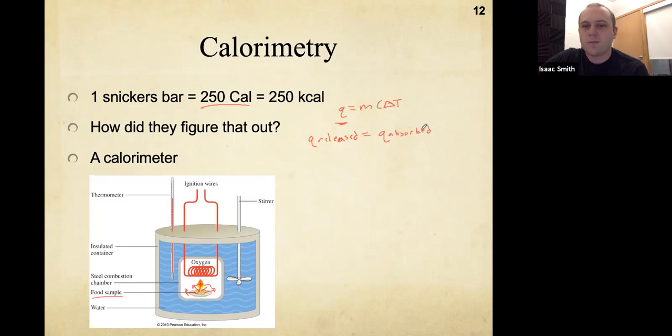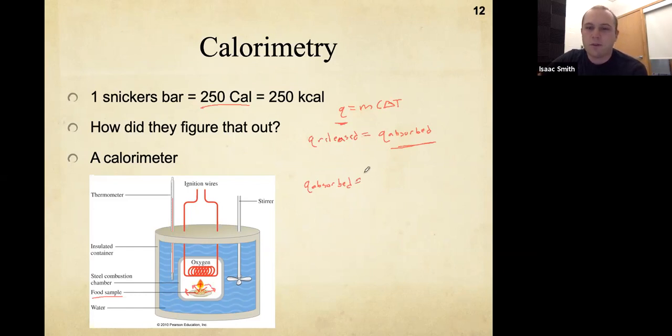So although we can't directly calculate the calories of the Snickers bar because we don't know the specific heat of the Snickers bar or the delta T of the Snickers bar, we can calculate the amount of energy in the Snickers bar by calculating the amount of energy that goes into the water in the surroundings. So for the water, let's say we're just trying to figure out the Q absorbed, which is the amount of energy absorbed by the water. All we need to know is the mass of the water, which you could measure.